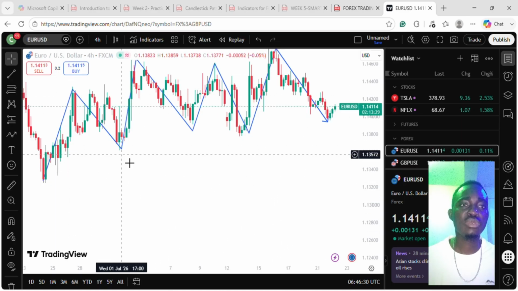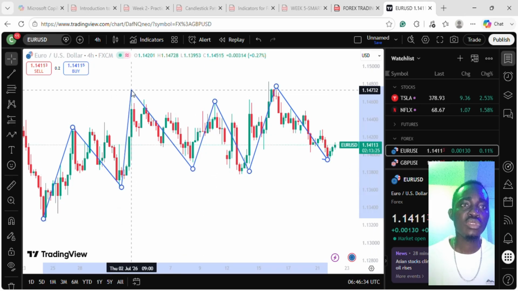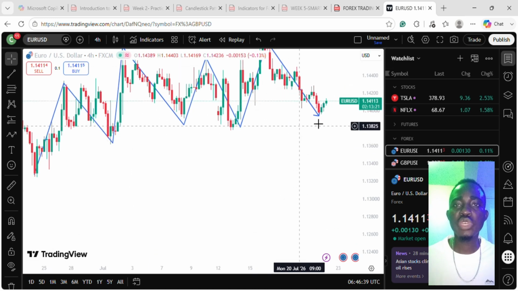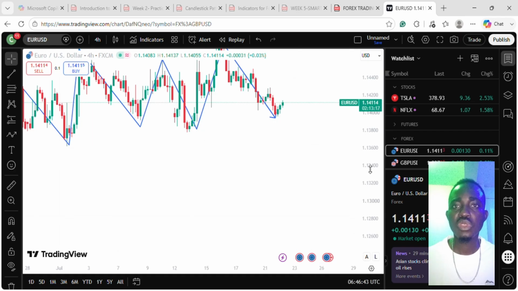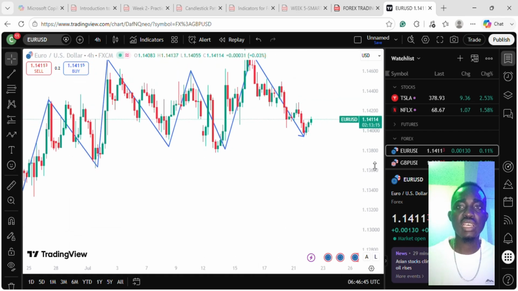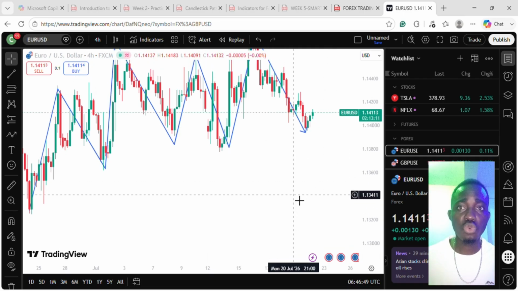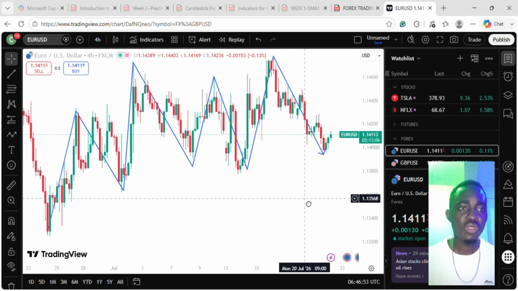Price came up, down, down. So you want to get your entries in this type of market. What do you do in such a scenario? You'll ask yourself, what is happening in this type of market?